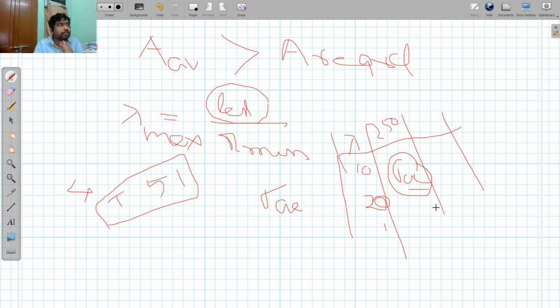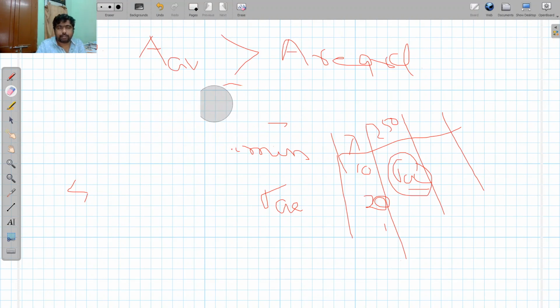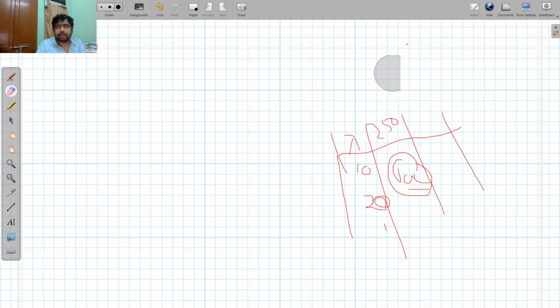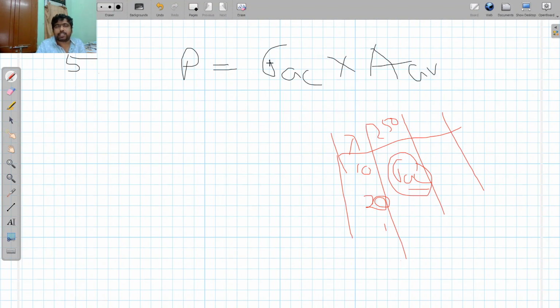Now this is the actual sigma sc, or actual allowable compressive stress, for this section. What is your next job? The next job is to find the load carrying capacity of this section. In step number 5, the load carrying capacity P is equal to the sigma sc we just calculated in the previous step, multiplied by the actual area available of this section.